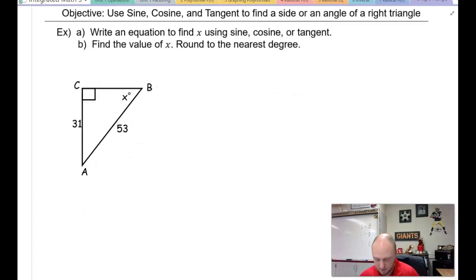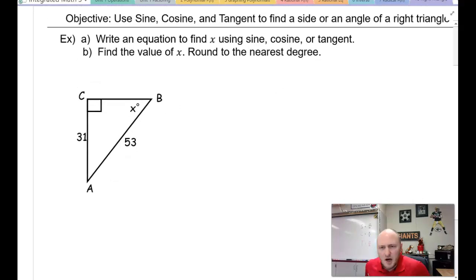So here's an example. All right, A, they say write an equation to find x using sine, cosine, and tangent. Well, if I want to find this angle, I am given information about the side opposite. I'll write this in red. This is the side opposite, and this is the hypotenuse.